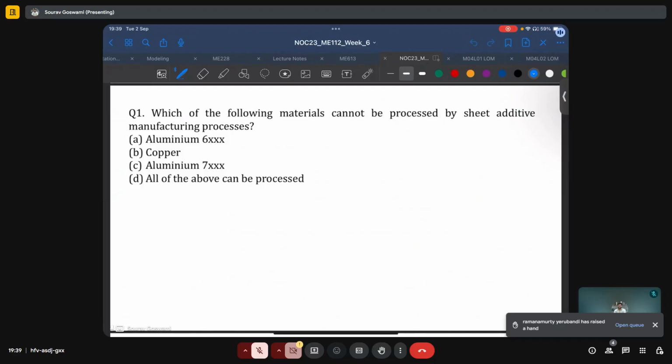In fact, they may also be used to join some of these multi-materials or multi-metals together, which may be otherwise metallurgically incompatible. It can be used for processing aluminum 6000 series, copper, as well as aluminum 7000 series, and thus all of the above can be processed.